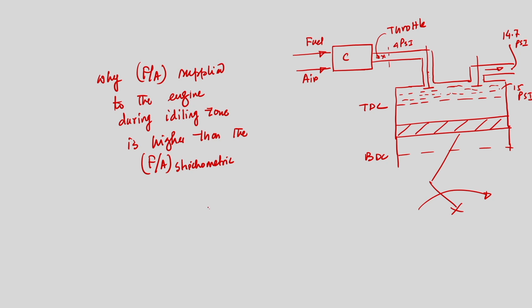Our objective is only to start up the engine, not to supply any load. Even then, the fuel-air ratio supplied won't be able to keep the engine in the startup mode. So we need to supply a larger amount of fuel-air mixture, essentially to overcome these two effects.